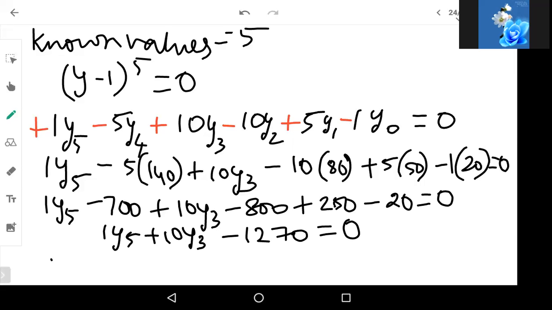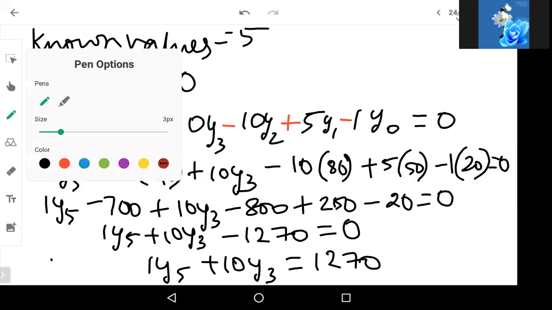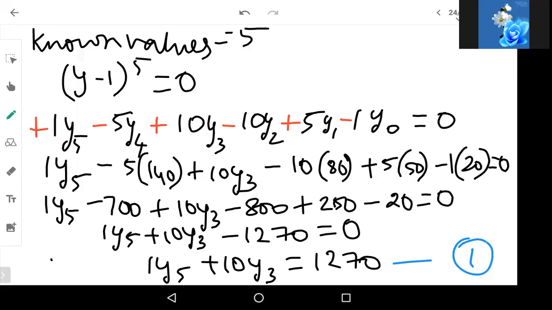So the first equation will be 1 y5 plus 10 y3 is equal to 1270. This will be equation number 1. I hope you people are able to follow.